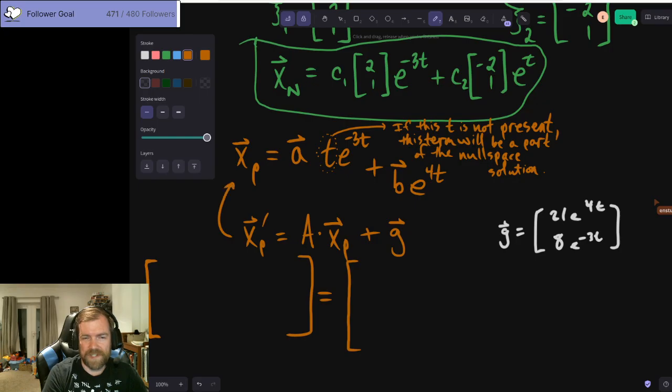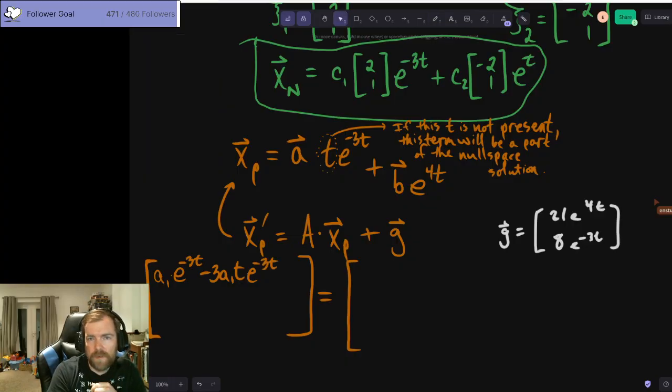Right, so this line, take the derivative, and in the top row we're going to get our A1 times, again, here if we take the derivative of t first, we just get left with e to the negative 3t. If we take the derivative of e to the negative 3t, we end up with a negative 3 a1 times t e to the negative 3t.